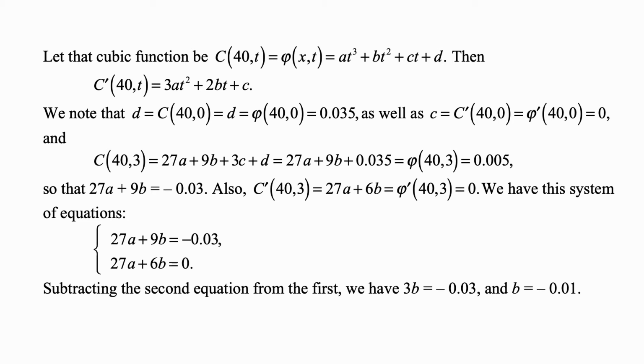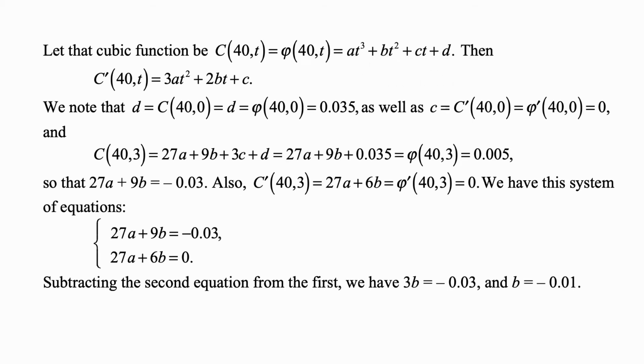So we'll start with a cubic function of this form. C of (40, t), which is phi at (x, t) but with x equal to 40, is of the form a t cubed plus b t squared plus c t plus d. Then the derivative with respect to t of that expression is 3a t squared plus 2b t plus c.